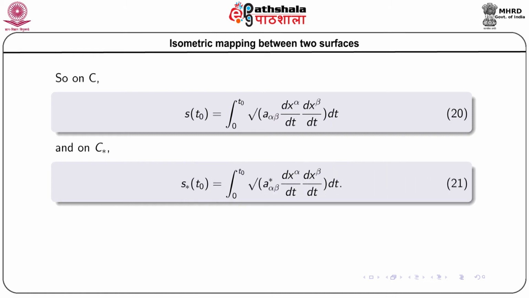And on C star, the arc length will be given by this one, integral from 0 to T0 of root over A star alpha beta dx alpha dt dx beta dt, and whole dt, the integration with respect to dt.